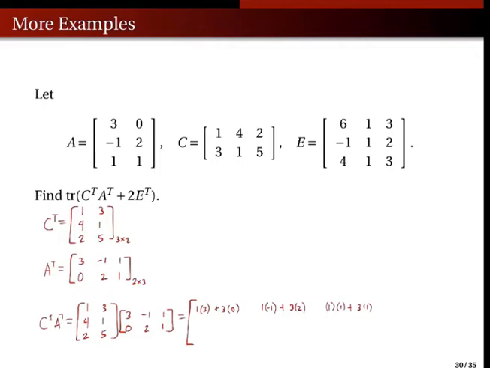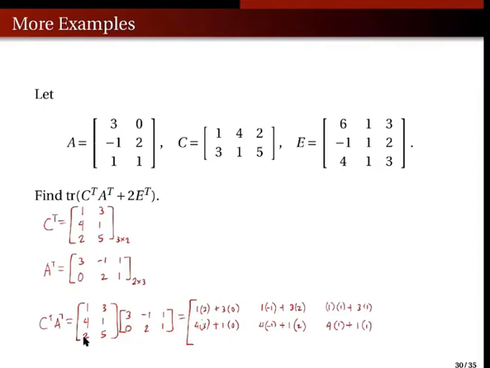We have 4 times 3 plus 1 times 0. And then 4, 1 times negative 1, 2. So 4 times negative 1 plus 1 times 2. And then you have 4, 1, and 1, 1 in here. So 4 times 1 plus 1 times 1.